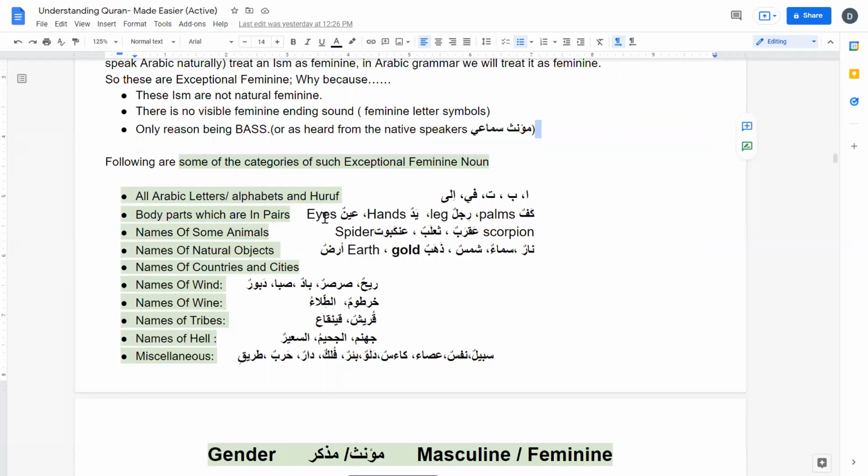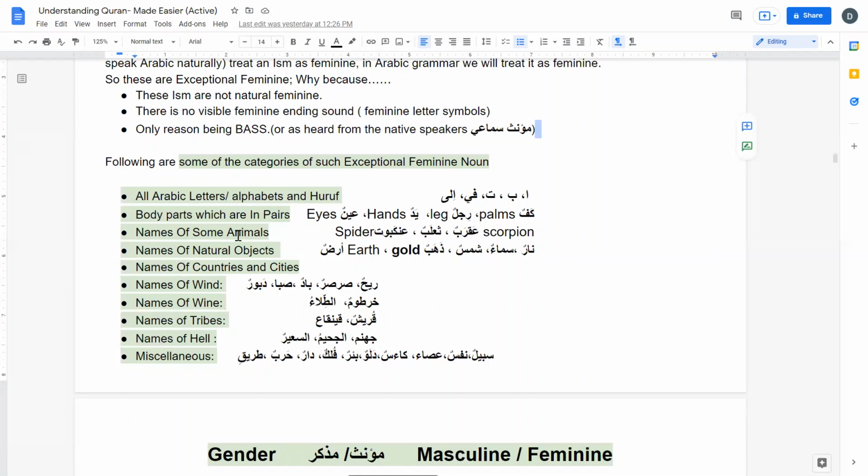Okay. If body parts are in pair, then these are feminine, even when they are single. Like if you say ainun, ainun is a singular ism, but it's a feminine ism. We are not saying ainani at the moment. Even if it's a singular form body part ism, but if it occurs in pairs, it's a feminine ism.